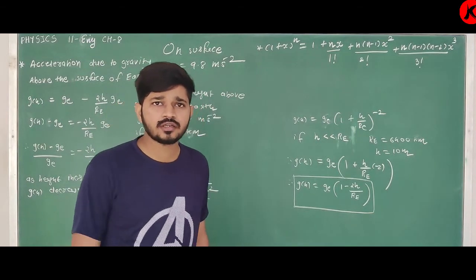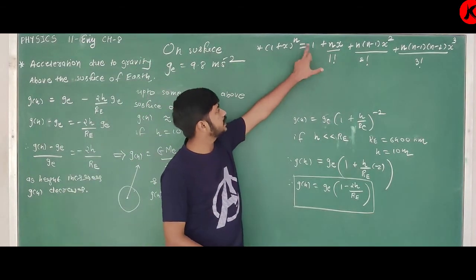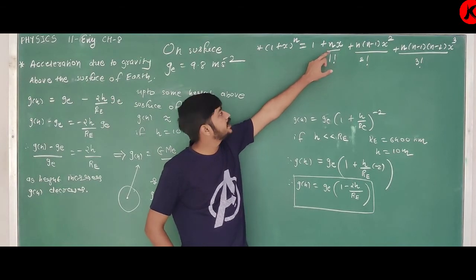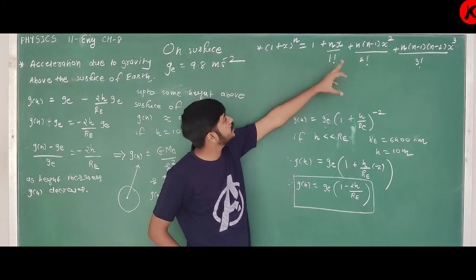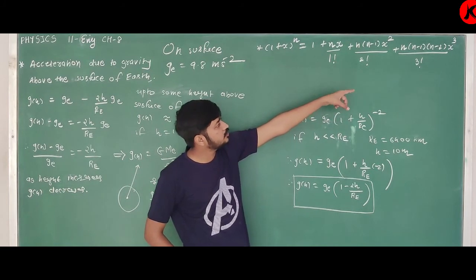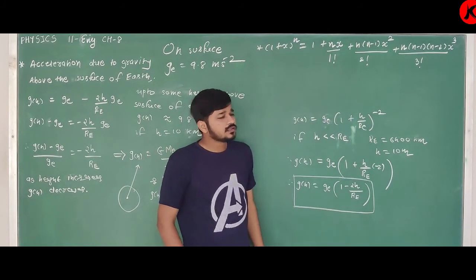Do you understand? Okay, n is that power. x means this term divided by 1 factorial, and n (n minus 1) x square upon 2 factorial, and n (n minus 1) (n minus 2) x cube upon 3 factorial.